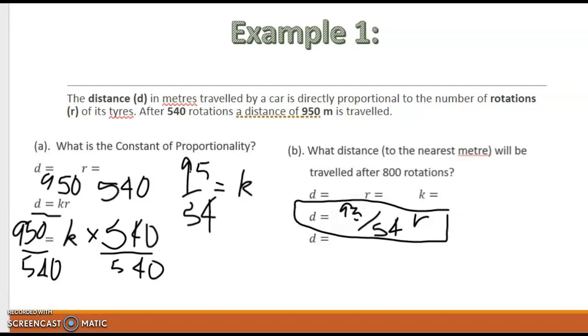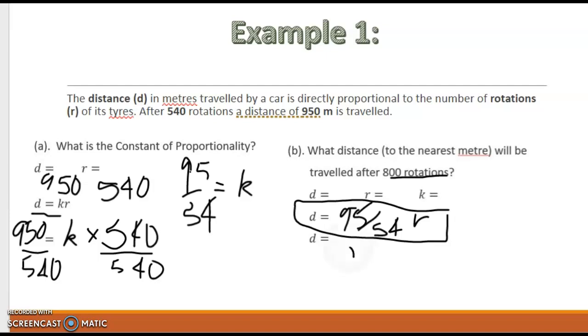I now have to substitute the number 800 into that equation because it says I want the distance when R is 800.